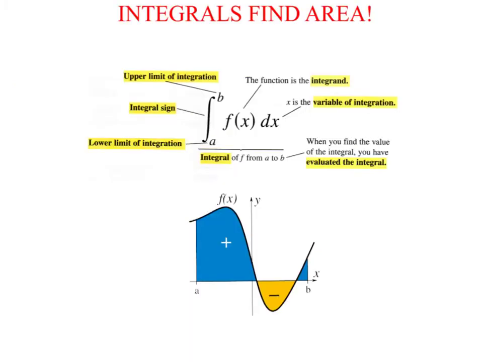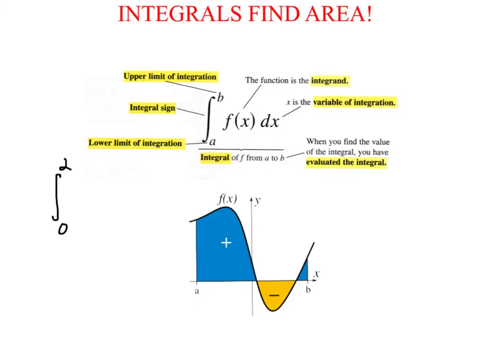Now the integral, this comes out of your book. The integral is essentially a shorthand way of writing that we're finding the area. So for our opener today, where we were doing the area from 0 to 2, those would be our bounds, where we're finding the area from.